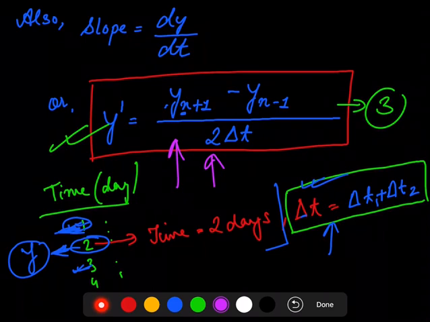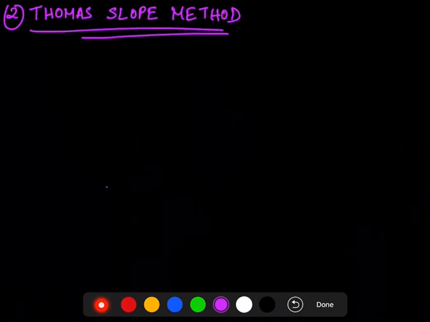All right, so we'll start with the Thomas Loop method. Just give me 2 minutes, and I'll be starting the Thomas Loop method.